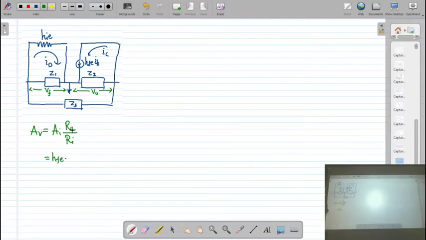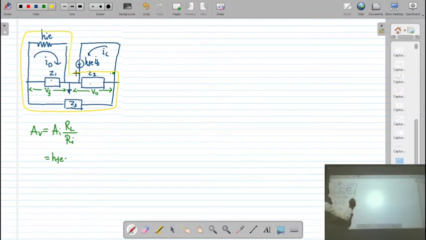Now, RL is a load, but here if you look at this RL, it is across these two terminals. Across these two terminals, Z2 is connected, Z3 is connected, Z1 is also there, and hie is also there. So this is the load for the amplifier circuit.